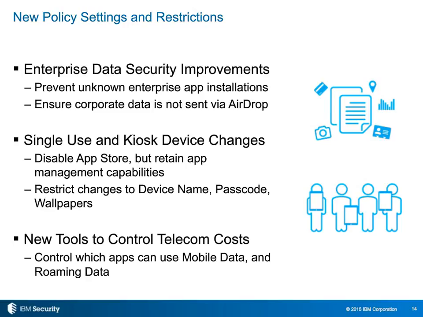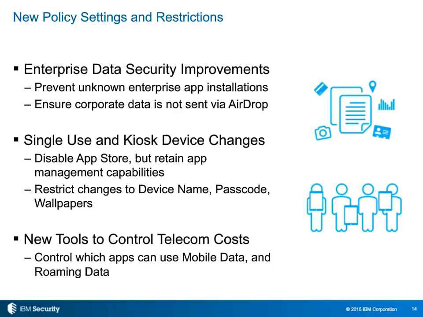Next up is a category of features that fall into single-use or kiosk device improvements. And so these would be the devices where you have, in a retail store or an airport check-in line, or really any kind of place where you're giving a controlled experience to one of your customers or end users.